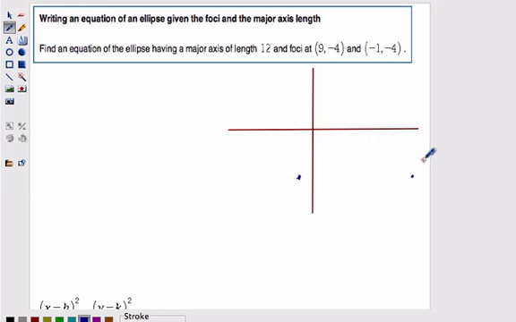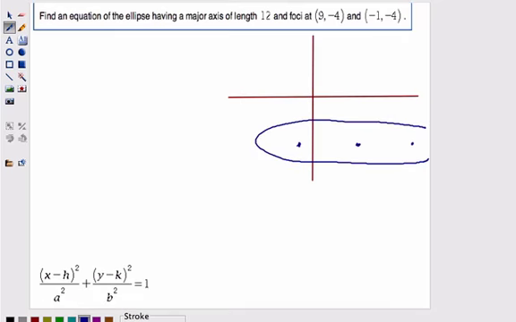So that means our ellipse is going to go in this direction. Okay, and so the center is right in between those two values. So we need to use the formula where the a value is underneath the x coordinates, because we're going in the x direction. So we're using this formula.